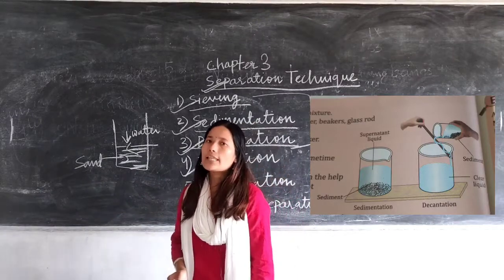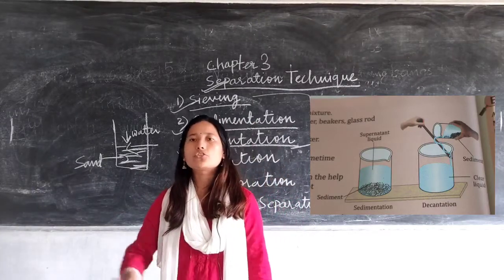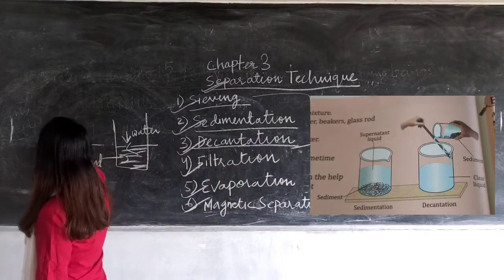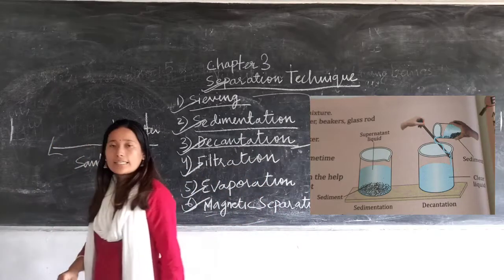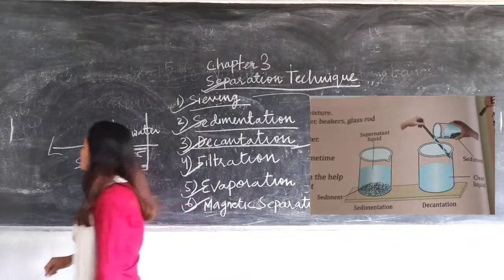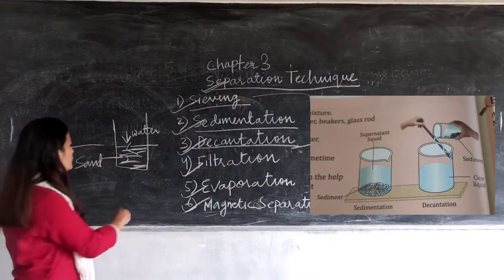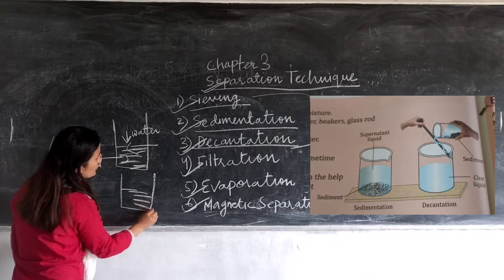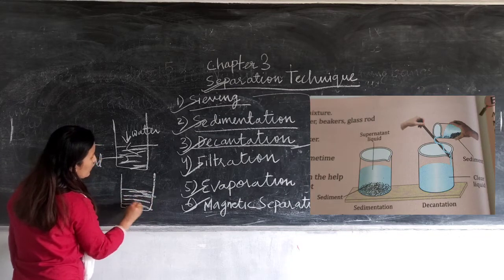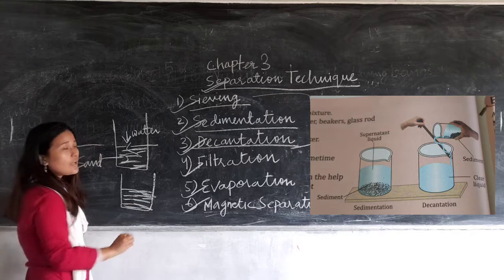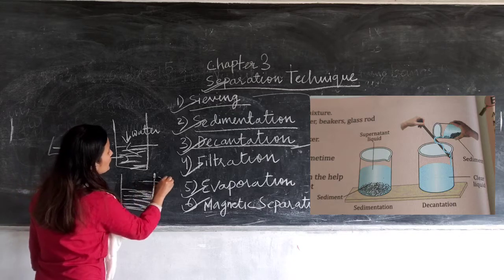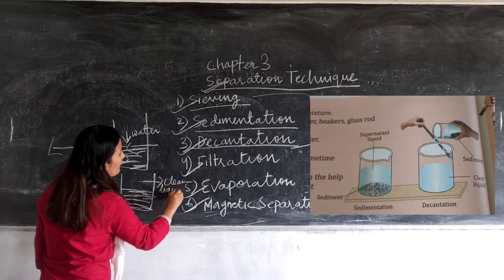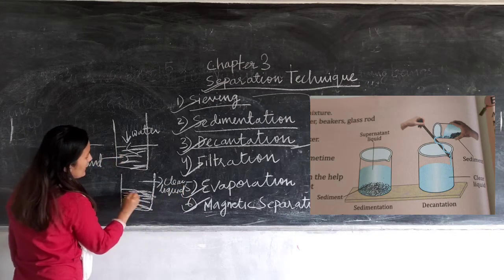Then you will let that sand and water mixture settle down for a while. What will you see after a while? You will observe that the sand has gone and settled down at the bottom of this container, and you will get the clear liquid here.